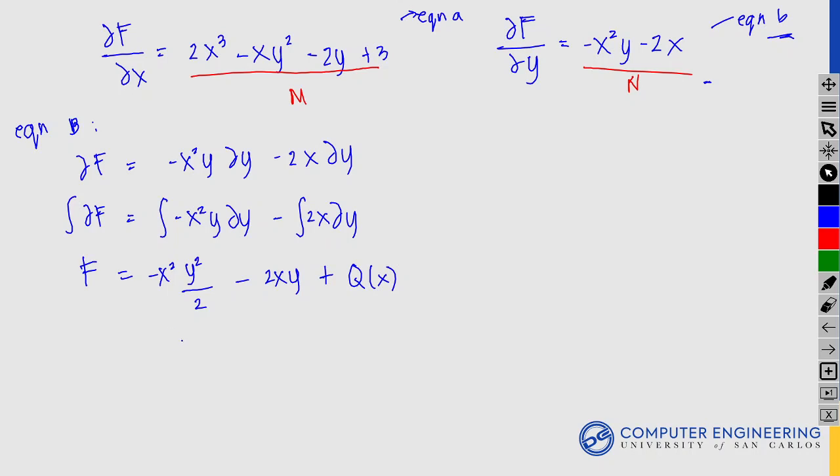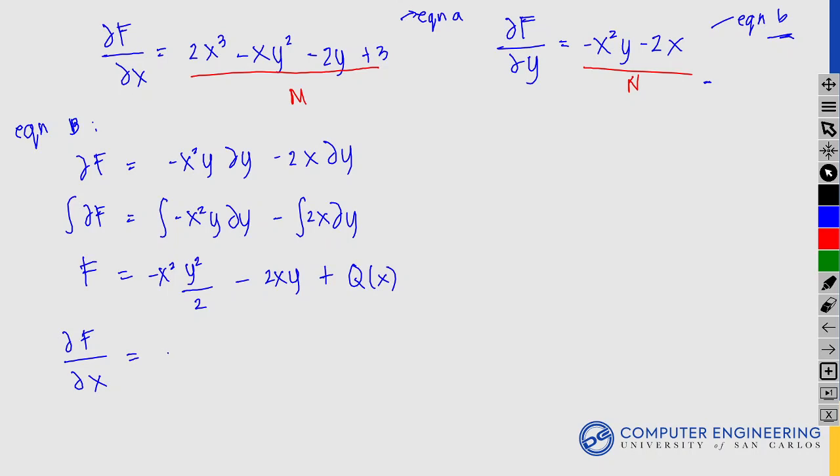And from here, we differentiate this again, but this time with respect to x, so that we can equate it to this equation. Minus y squared over 2, the constant.